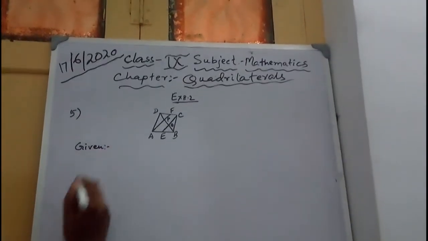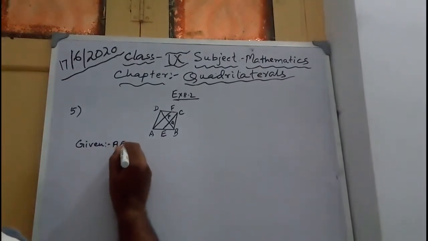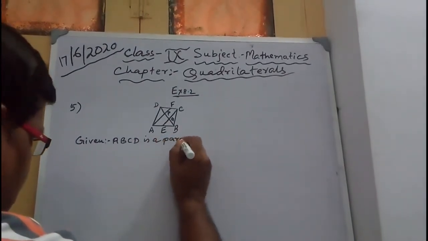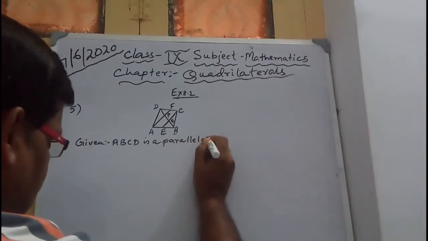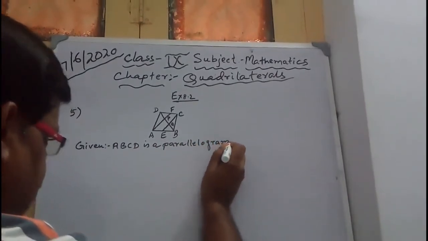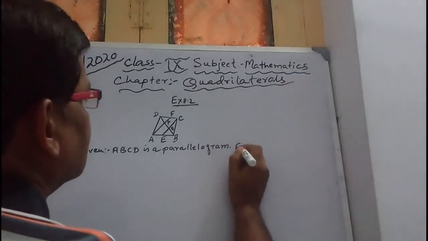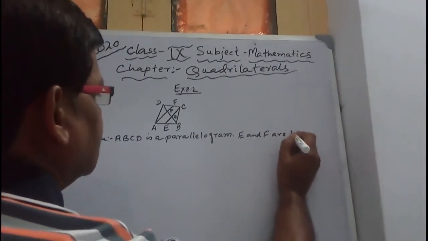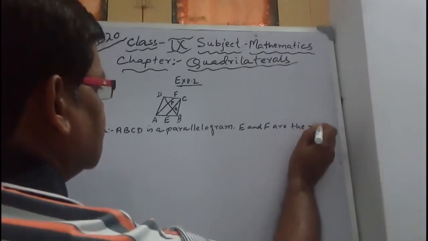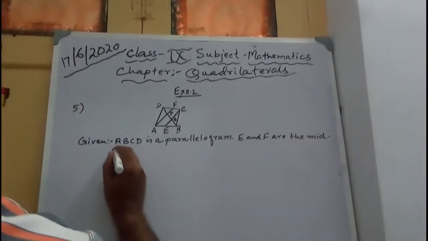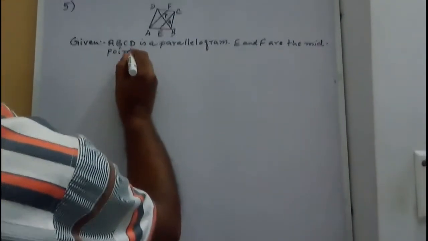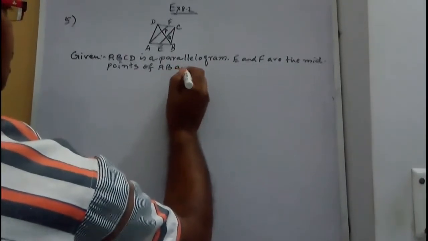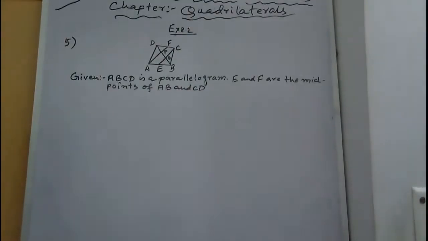Now given: ABCD is a parallelogram, E and F are the midpoints of AB and CD.